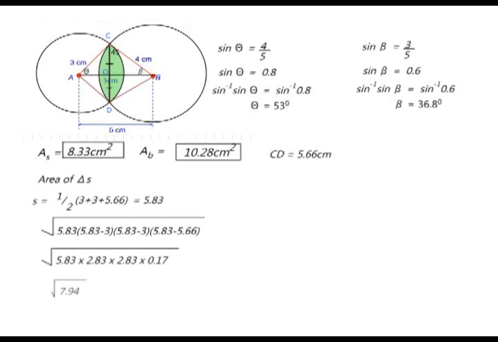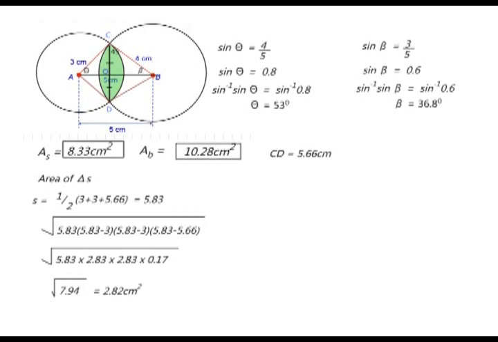That gives us 7.94, square root of which is 2.82. So the area of the small triangle is 2.82 centimeters squared. Now subtract this from the area of the small sector to get the small segment. That is 8.33 minus 2.82, and that gives us 5.51 square centimeters.